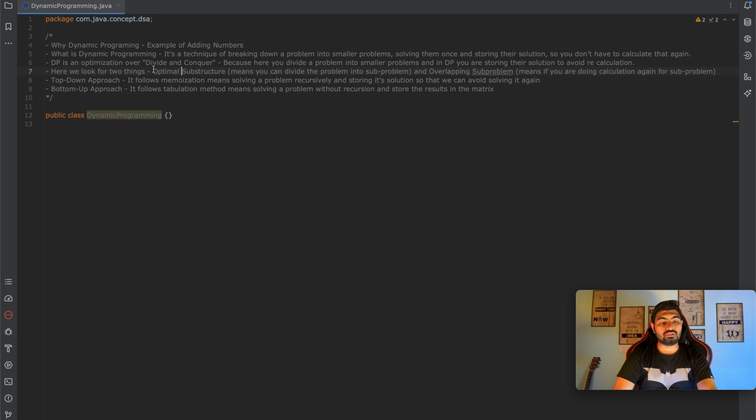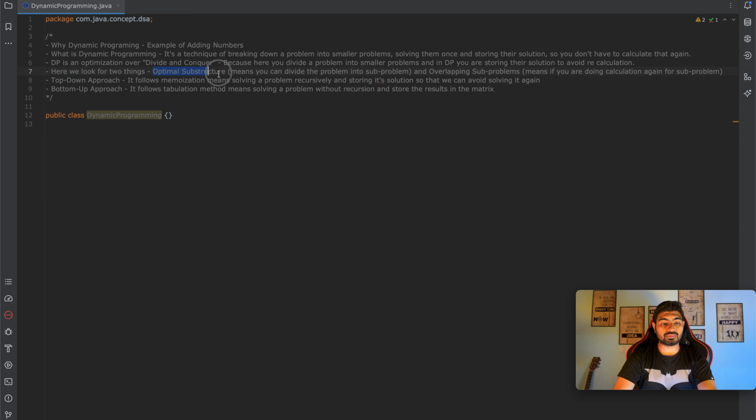Now, when your problem already follows the optimal substructure pattern, right? That means your problem can already follow the pattern of divide and conquer. Then you check for one more thing, if your problem also has a pattern of overlapping subproblems. So in DP you look for two things.